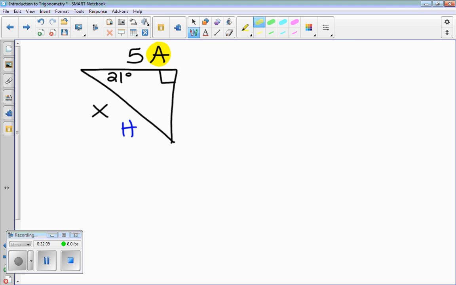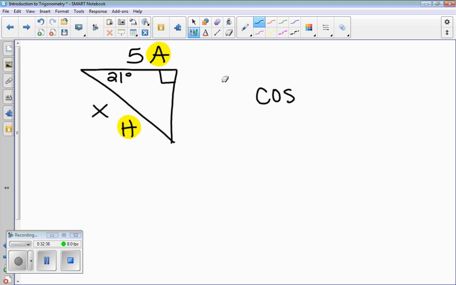So what trig function, SOHCAHTOA, sine, cosine, or tangent, deals with A and H? The CA, which would be the cosine, thank you. Don't say cos, it's a pet peeve of mine. So we know we're dealing with the cosine. What do I always take the cosine of?